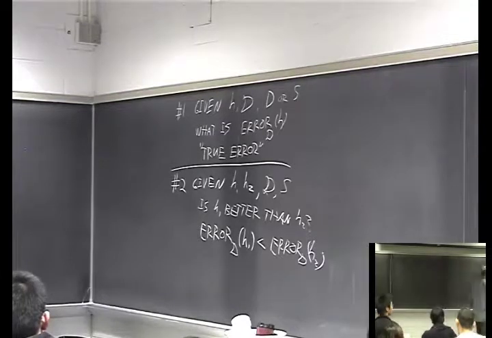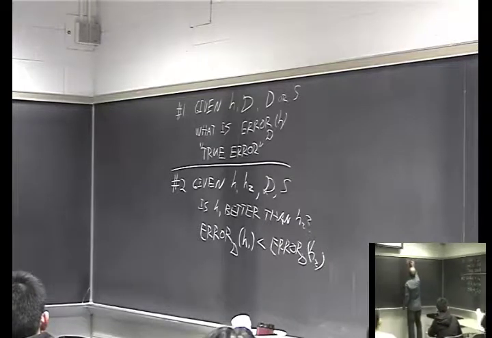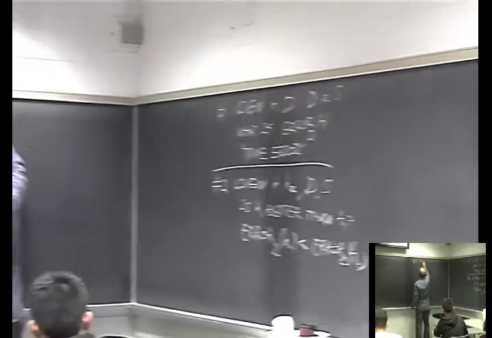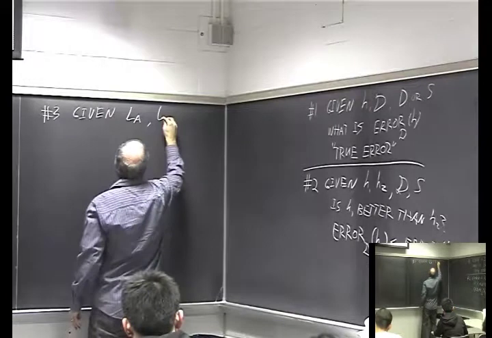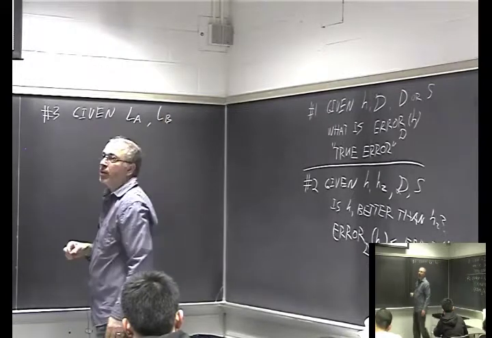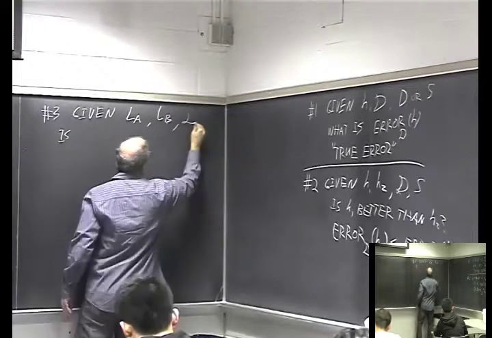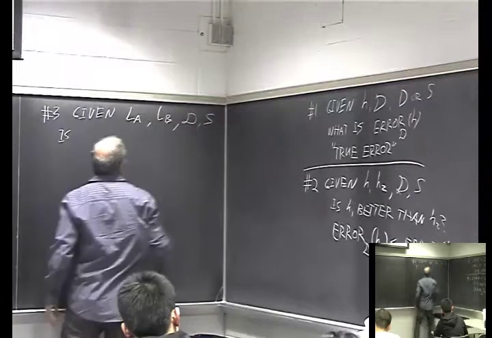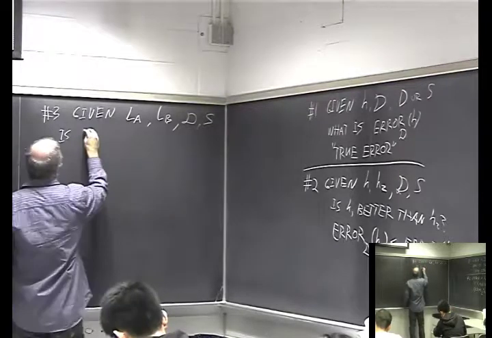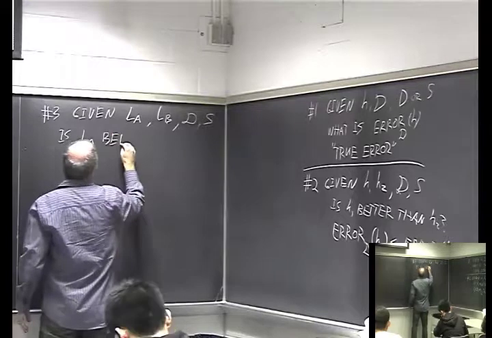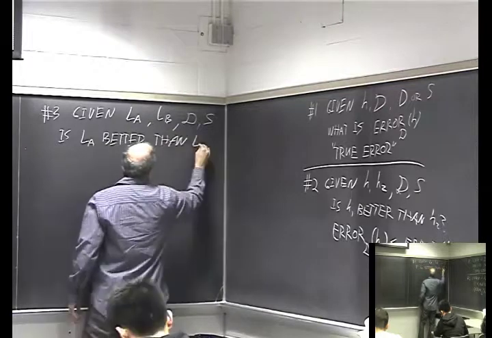And the third question we're going to ask is, given 2 learning algorithms, LA and LB, and of course there's a curly D in the background, and maybe some set, or more than one set, is LA better than LB?